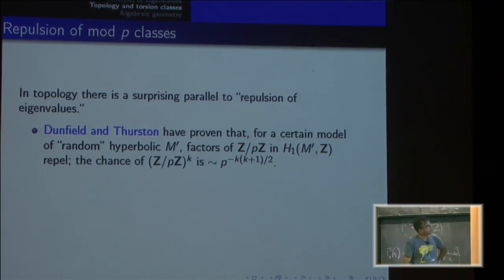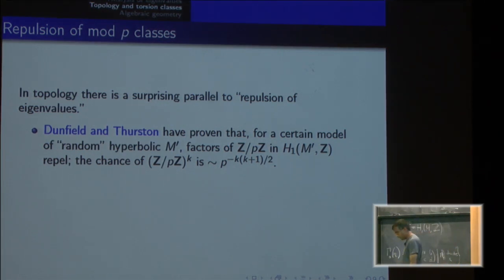What they show is that the chance of having (Z mod p)^k is p to the minus k(k+1)/2. Now, this is the same exponent as for the eigenvalue problem, and it happens for the same reason. I'll say a little more about this in the next slide, but it comes from studying random matrices now mod p.